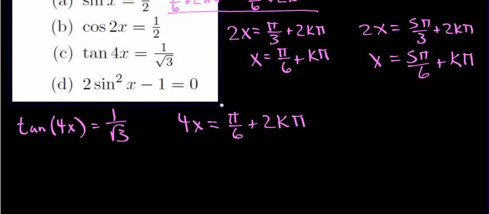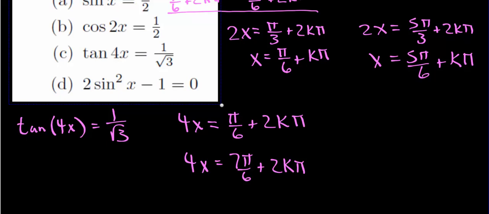It also happens in quadrant 3. In other words, 4x is equal to 7 pi over 6. Okay, so it happens in quadrant 1 and quadrant 3. Because in quadrant 3, the sine and the cosine are the same signs.